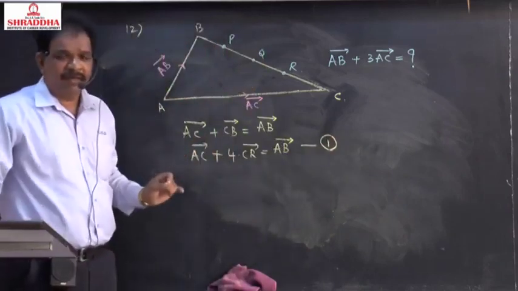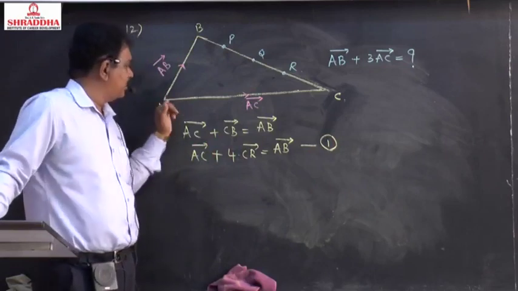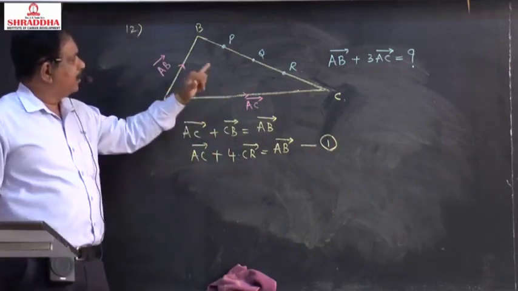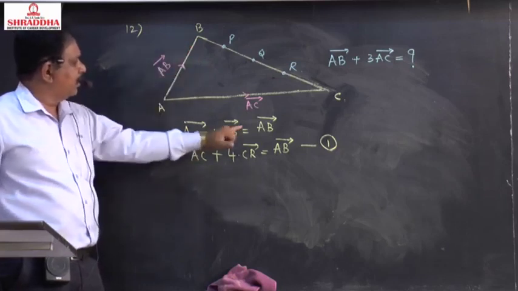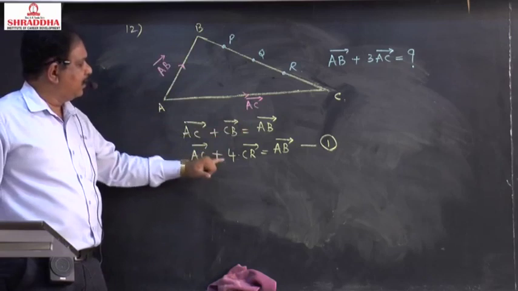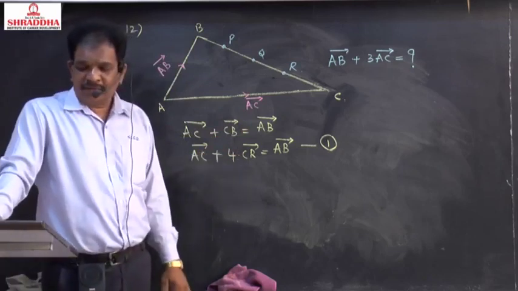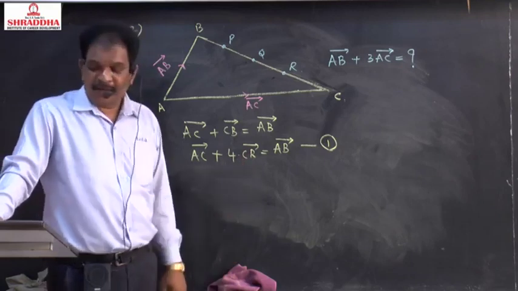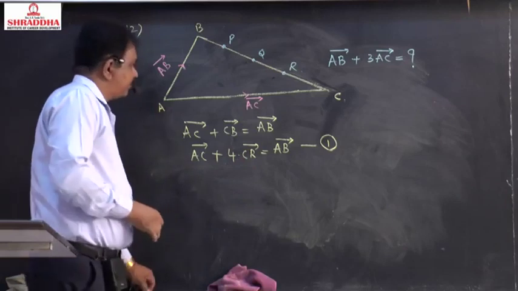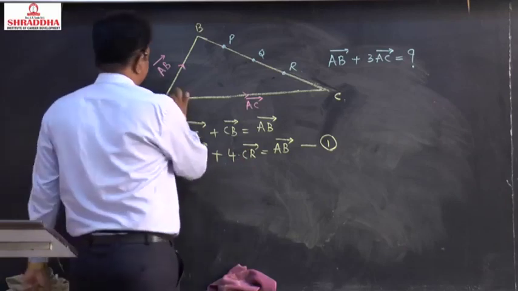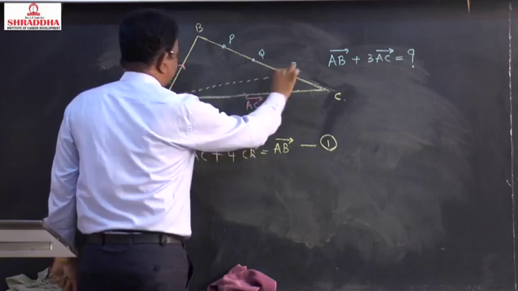Just I applied triangle of vectors. What did I do? AC bar plus CB bar is equal to AB bar. CB bar I wrote as 4 into CR bar is equal to AB bar. Next, this one I am considering, this triangle.